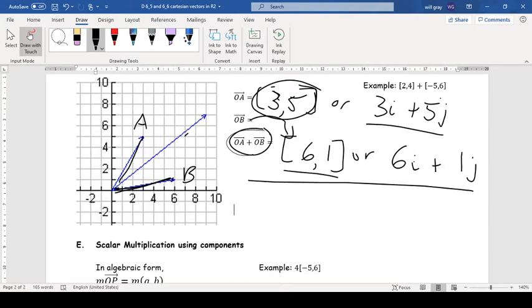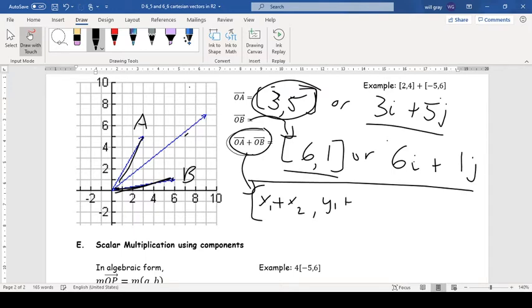I can simply take the x components of vectors OA and OB and say that equals x1 plus x2, which are the head positions of those two position vectors. And then I can take the y components, which is y1 plus y2, I should say.